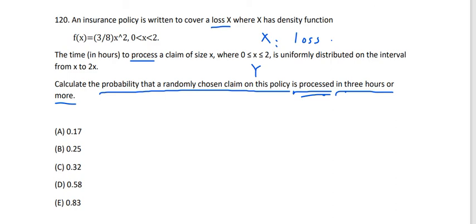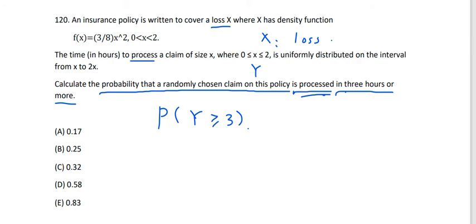So we want to find the probability that the processing time y is larger than 3, right? Calculate the probability that the claim processing time is at least 3.